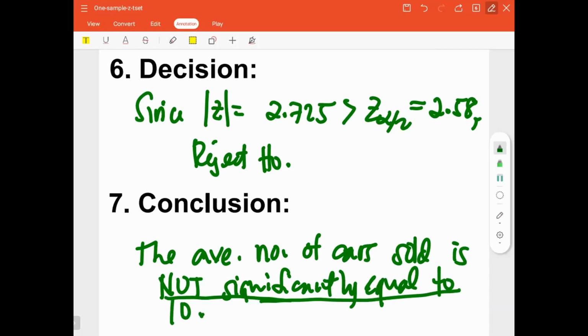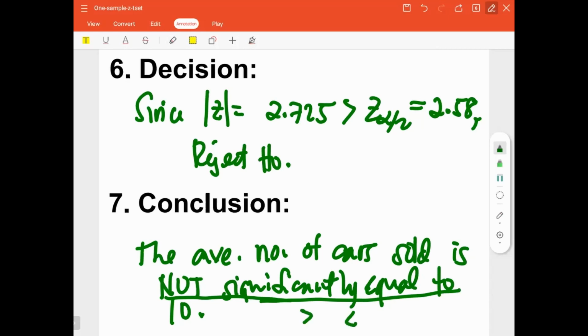Note that not significantly equal to is tantamount to saying that it's significantly different. Meaning to say, it can be greater than or less than.